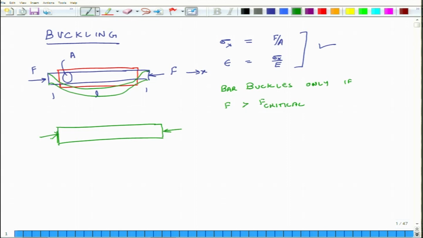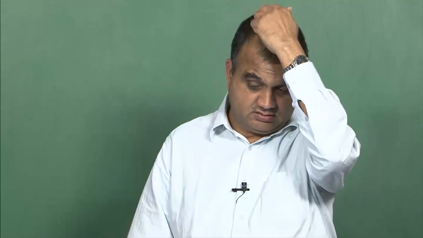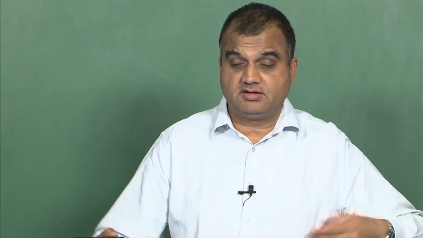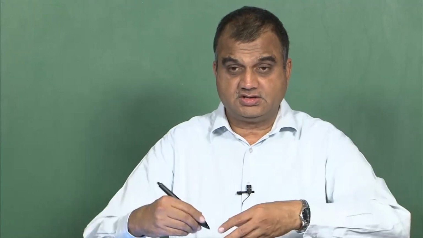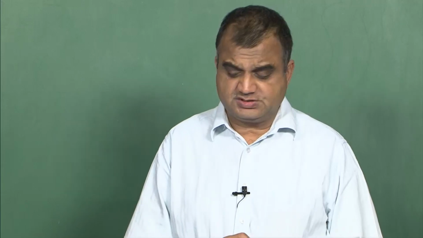So if this is my x axis and this is my z axis, the only displacement because of F, which is in the x direction, should be in the x direction. It should not deform in the z direction. But still we see that in reality the bar buckles and it deflects out of plane. So it develops displacements in the z direction, or w displacements.